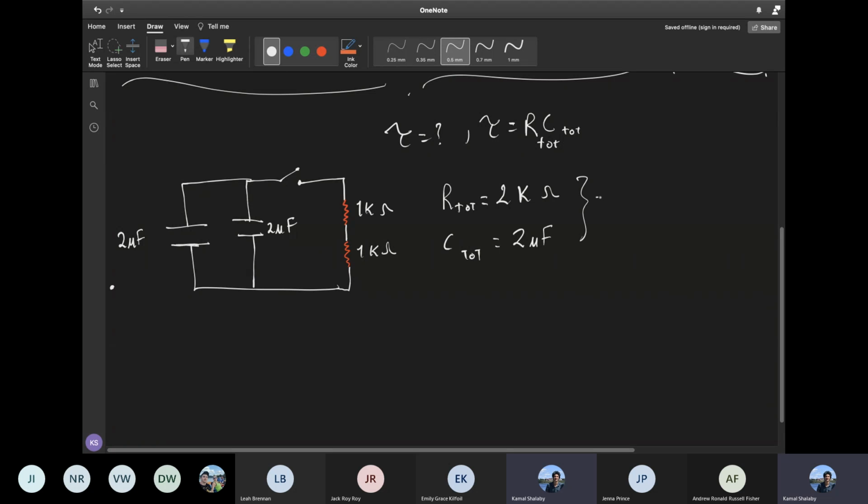Okay, so that means our time constant is going to equal 2K ohms multiplied by 2 microfarad, and that will equal 4 milliseconds.